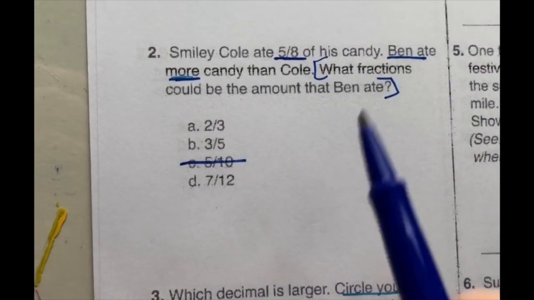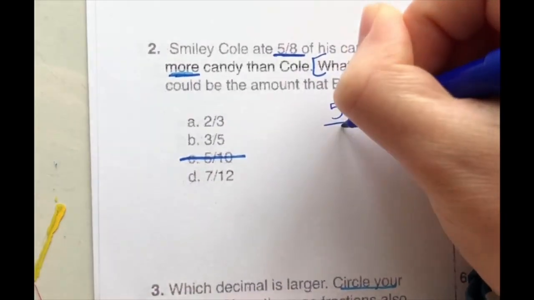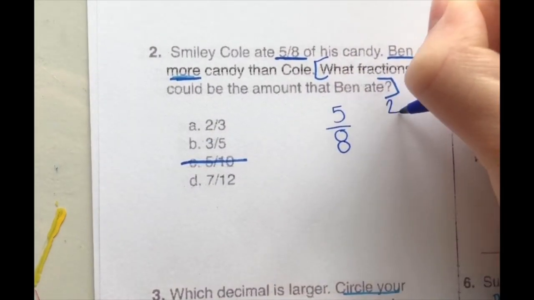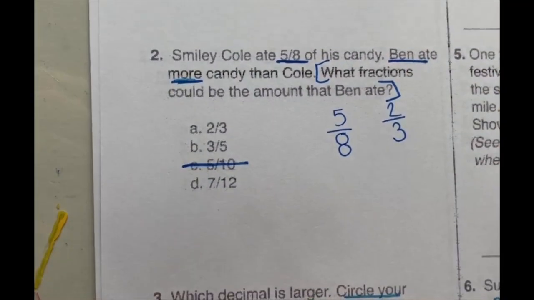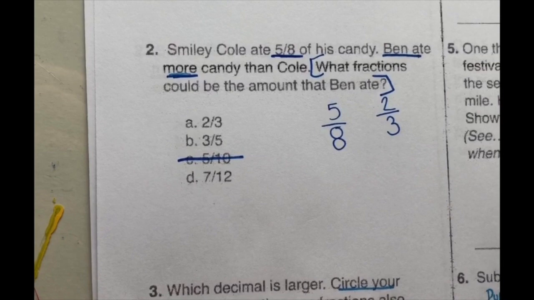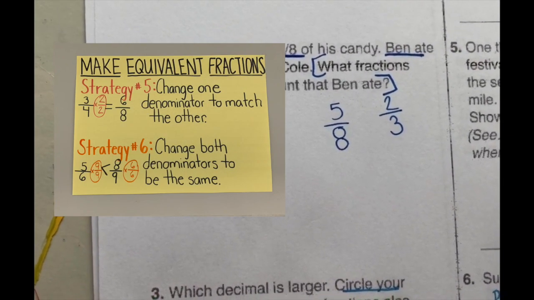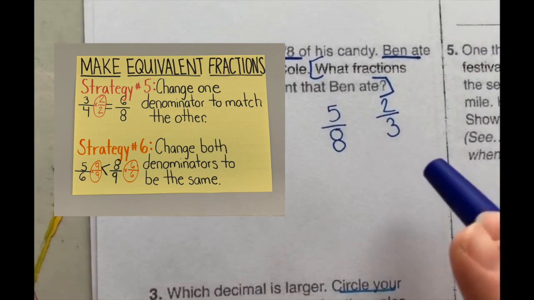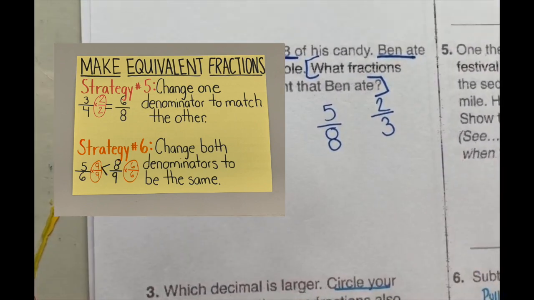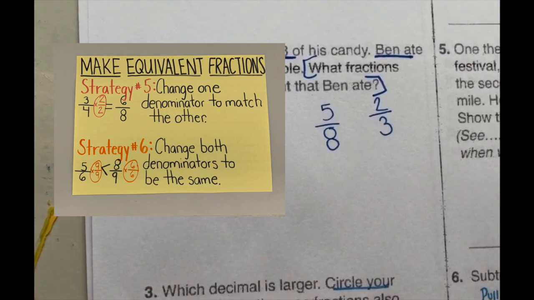So let's look at A. We have 2/3 and 5/8. So let's write our 5/8 and 2/3 on the side here. We can't use our strategy of comparing to a half anymore. We can't do a whole either. So we have to change our denominators so we can compare the fractions. We can't turn 8 into 3 or 3 into 8. So what do we do? Strategy 6, which is multiplying by each other's denominators.